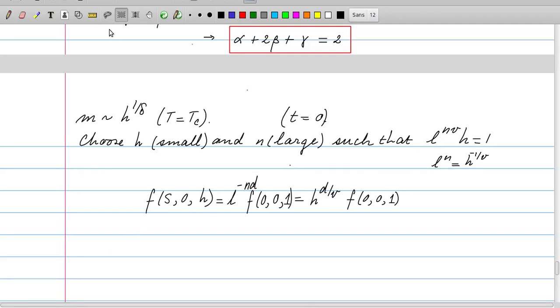And so then we can find the magnetization as df/dh, and that scales as h to the power d over v minus 1 times a number, f001.